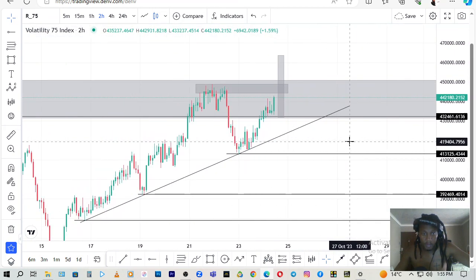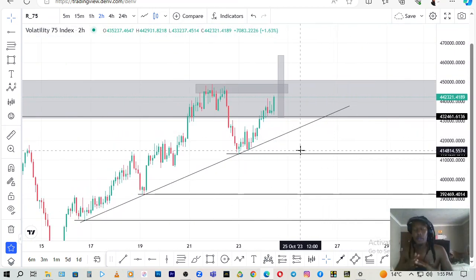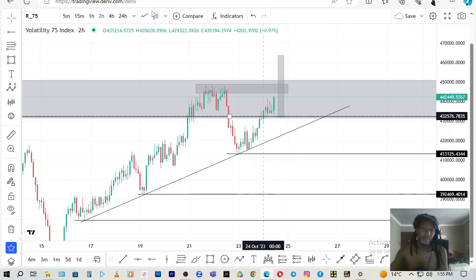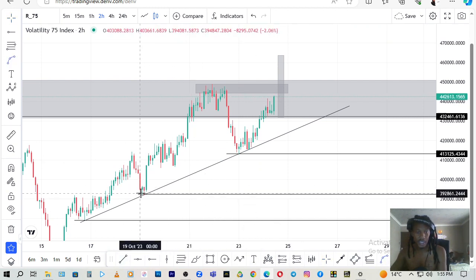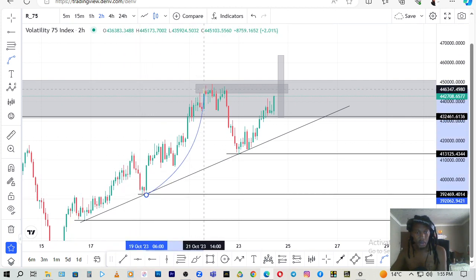So at the moment I'm trying to make it as simple as possible for you guys and also for myself. I don't like complicating my strategy overall, to see the overall direction. We had this correction, then this impulse.